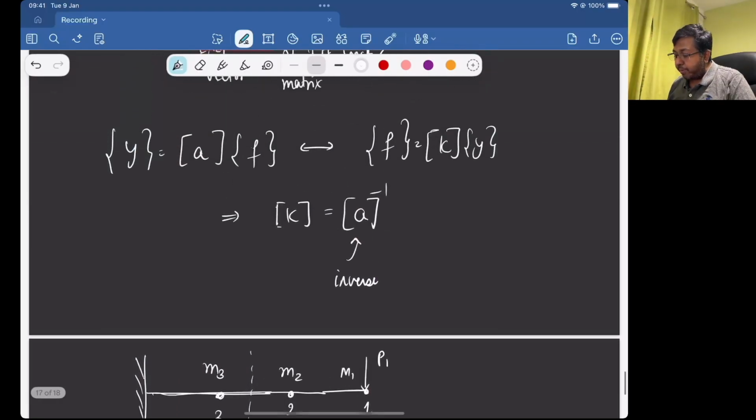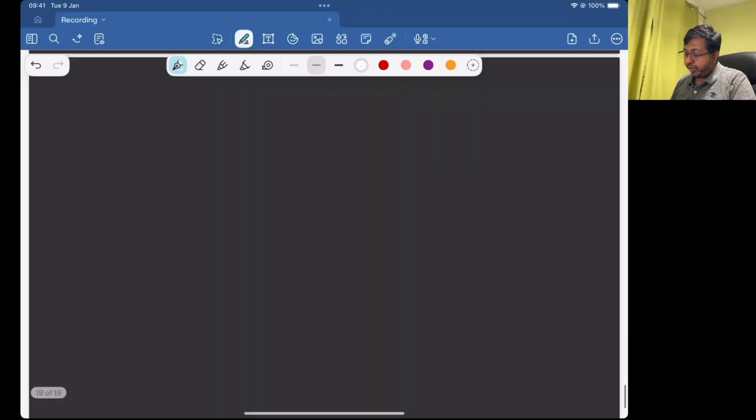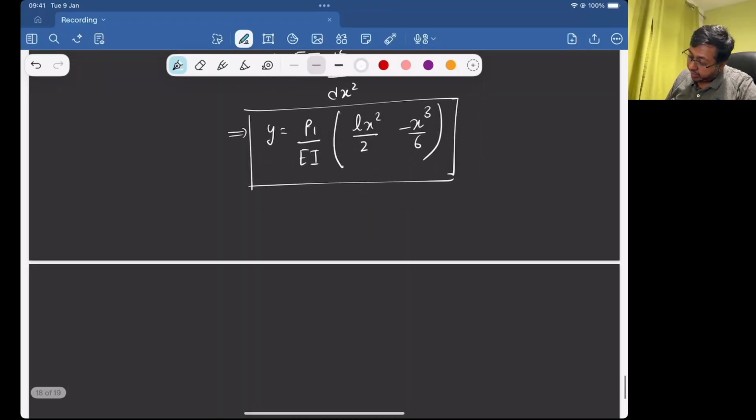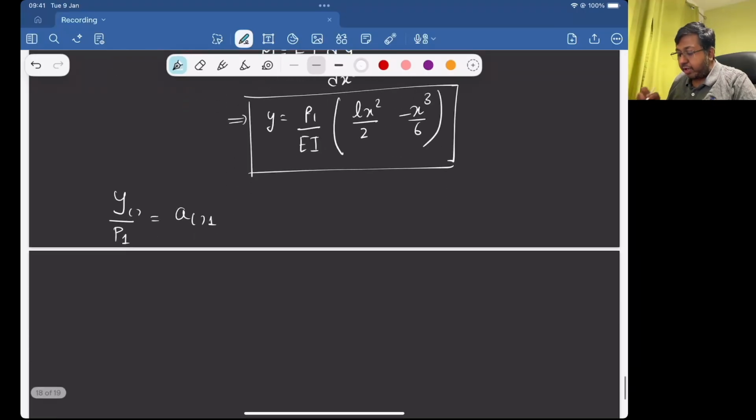If you remember, our flexibility coefficient is y divided by the force. So y at some point, let's call it beta, is nothing but the flexibility coefficient beta.